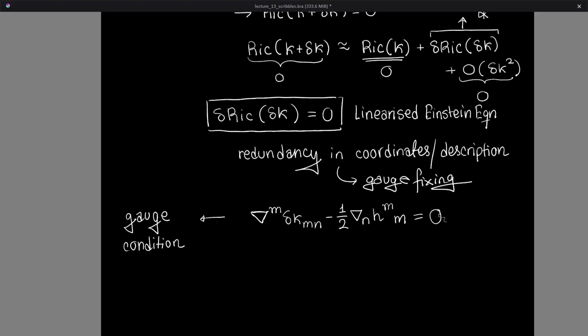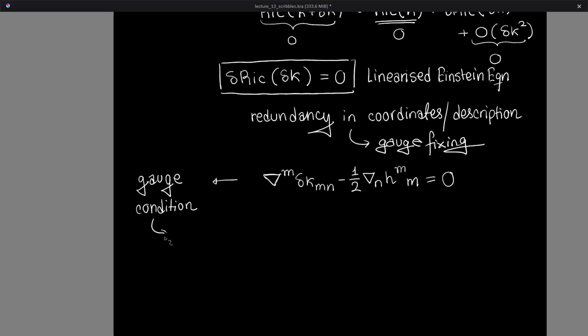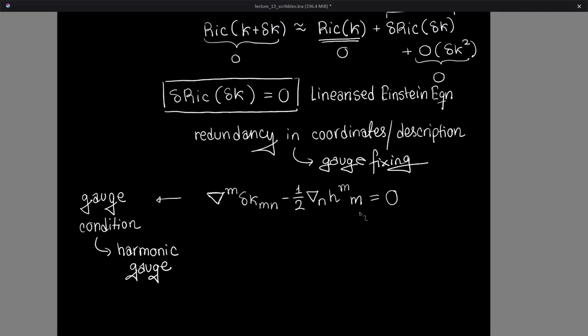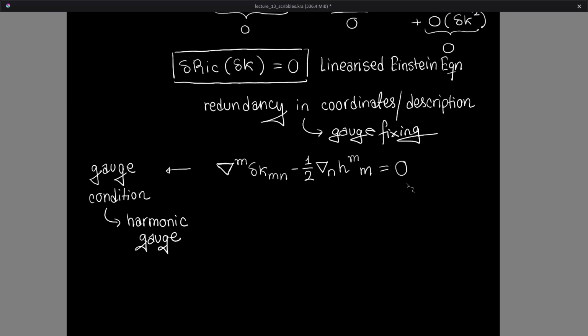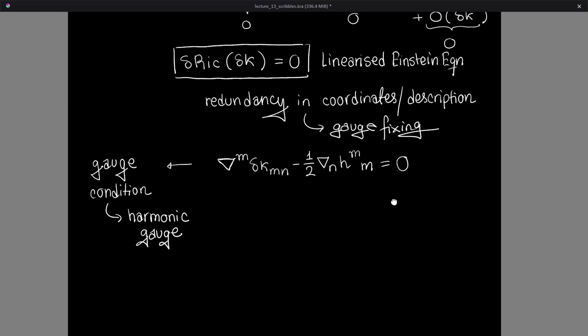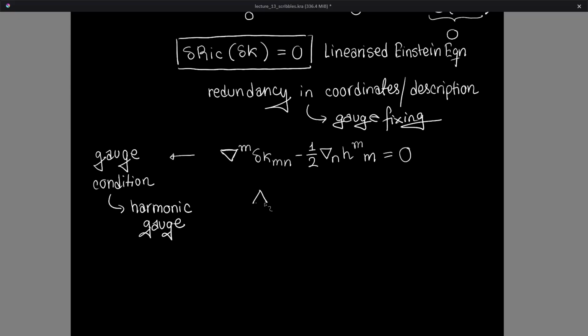So a lot of the time, this gauge condition is called the harmonic gauge condition or the transverse gauge condition. And the reason for that is that if you add this onto the linearized Einstein equation, then you get something that looks like this, delta L of small delta k is equal to 0, where this is called the, hope I can pronounce this correctly, Lichnerowicz operator.